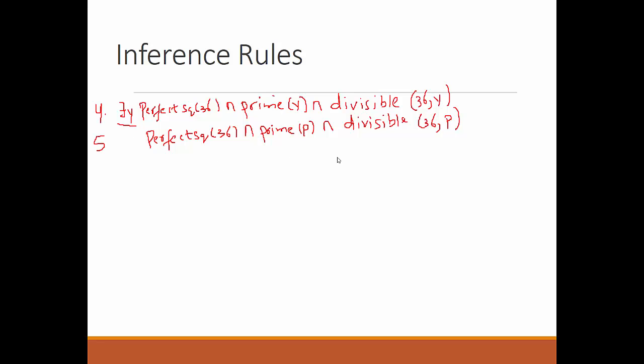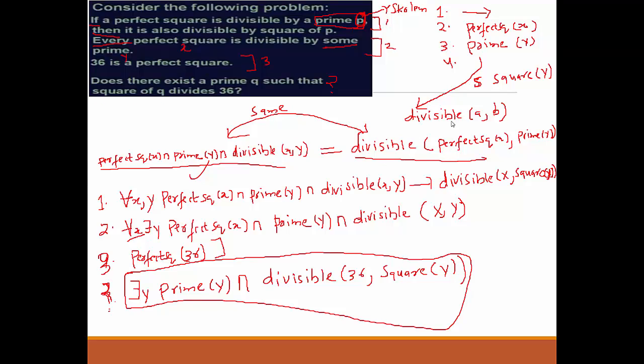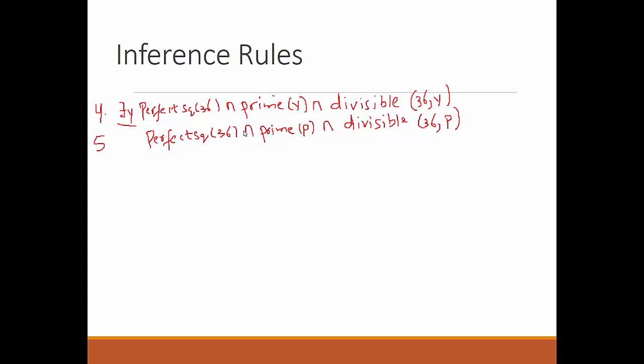Now with this in hand, what we find is that it is similar to the left portion of statement 1, and this is for all x and y. So here for x and y we have 36 and p.